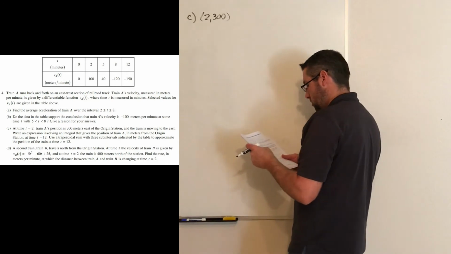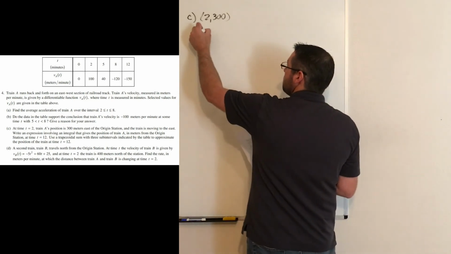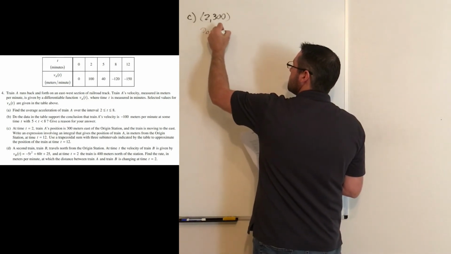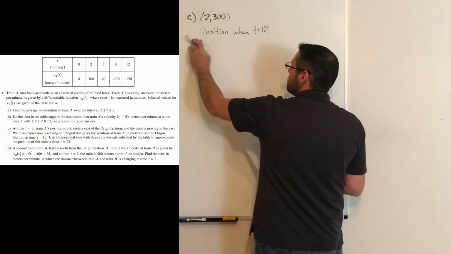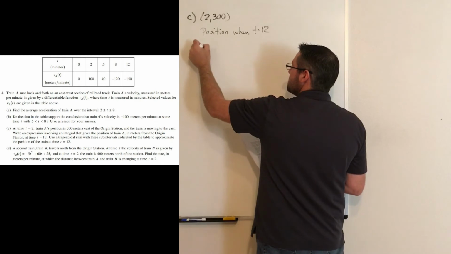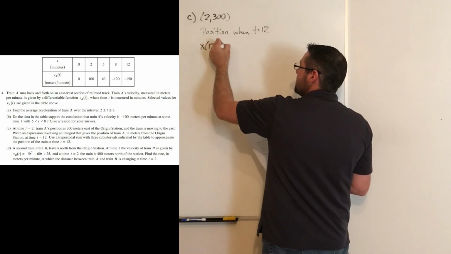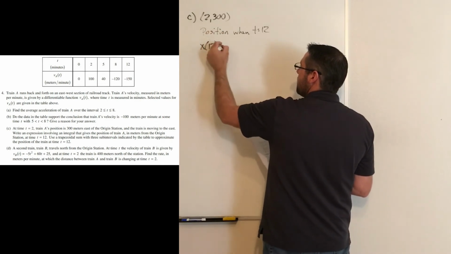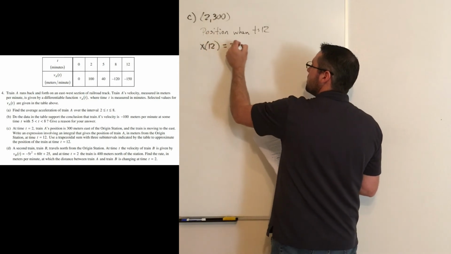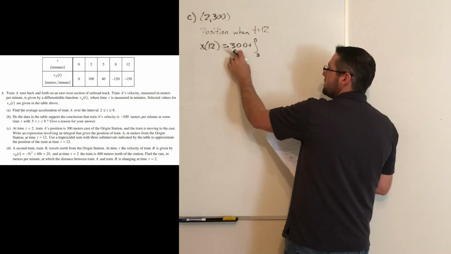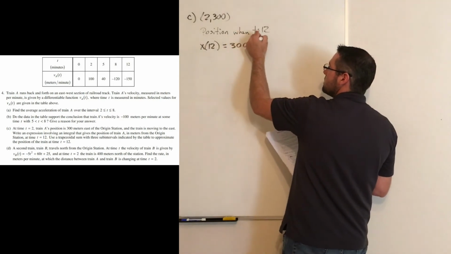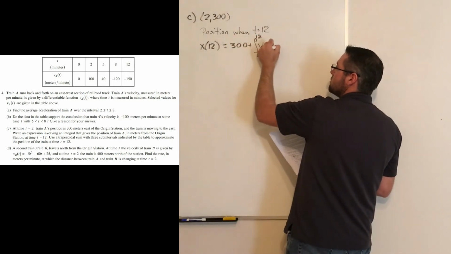So we're looking for the position when t equals 12. So you remember position is the initial condition. So the position at 12 is equal to the initial condition plus the integral from the time of the initial condition to the time that I'm looking at of the velocity function.